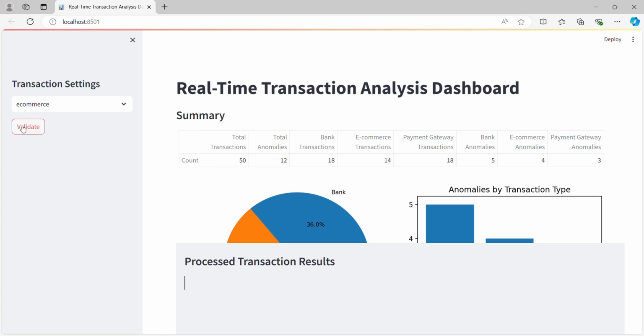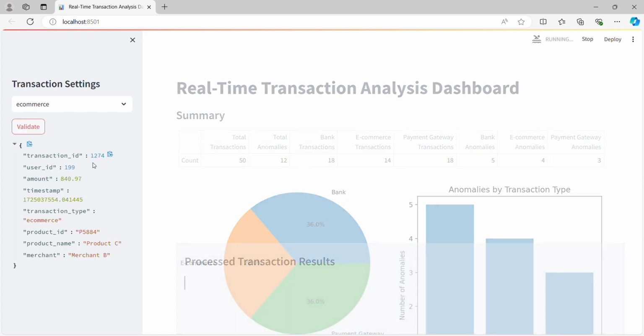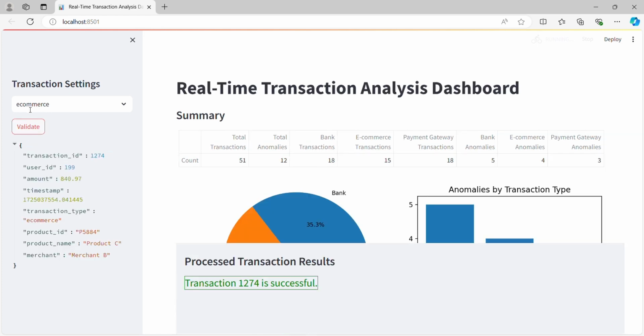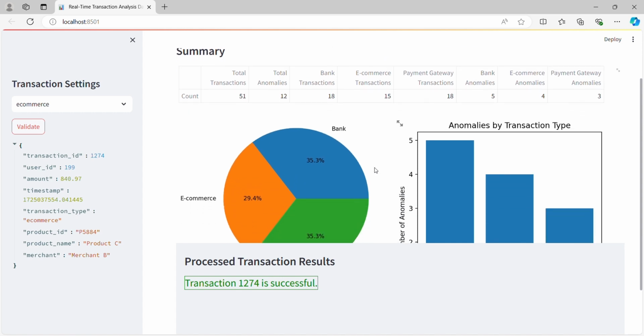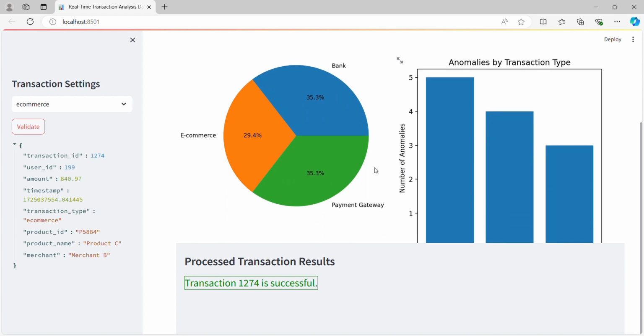Whenever I trigger this validate, or any transaction comes into the platform, it will increase the count of that particular transaction here, and if it has found any anomaly, it will provide that count also in this section.